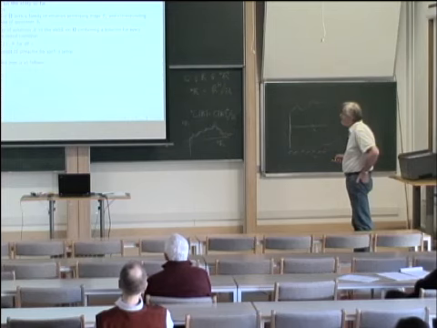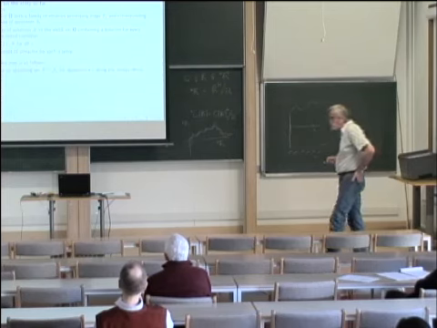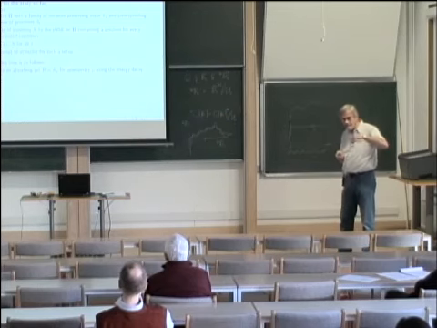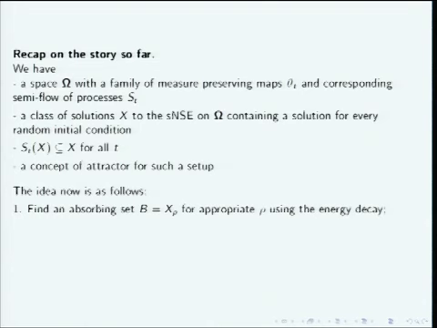So where do we go from here? Well, it's not hard actually, given the decay of the energy in those conditions on X, to show that you can get an absorbing set. That is to say, a set that eventually captures all bounded sets.